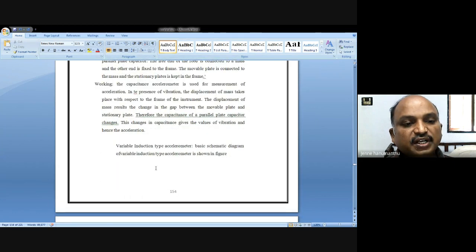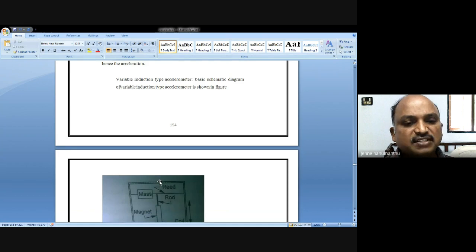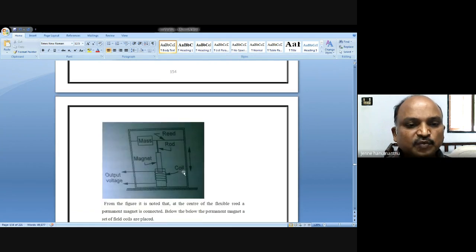So this is the inductance type accelerometer. Inductance type means, because of the voltage excitation, we are applying some voltage to this coil, so it will energize.